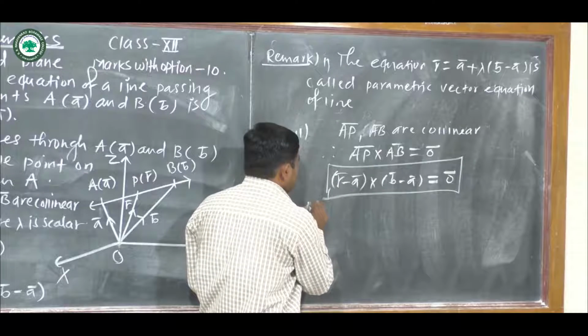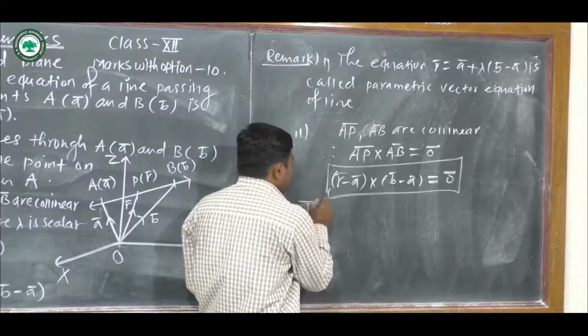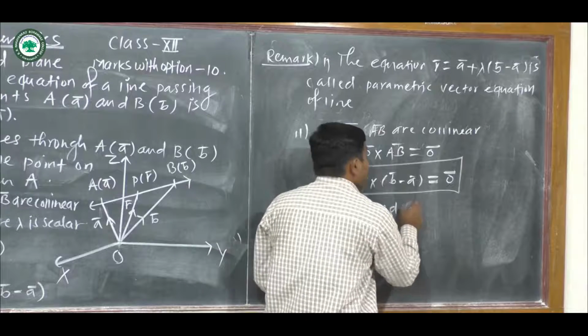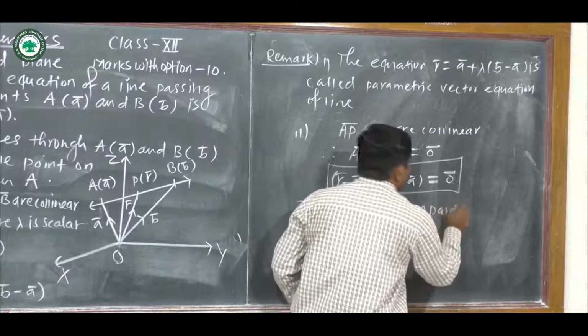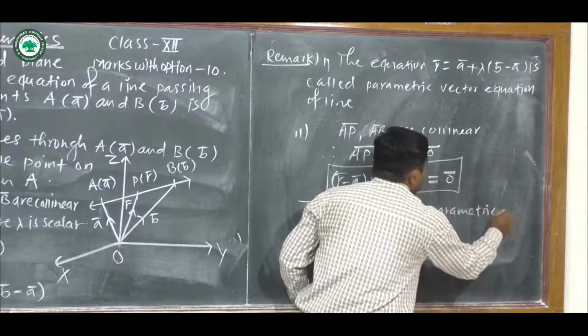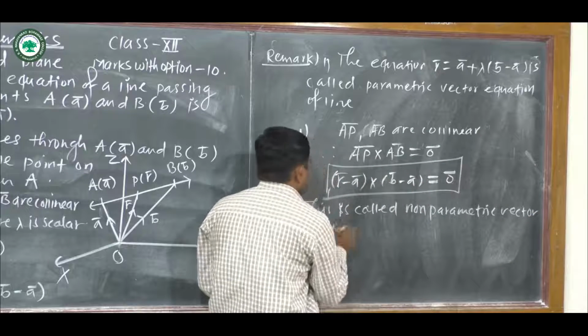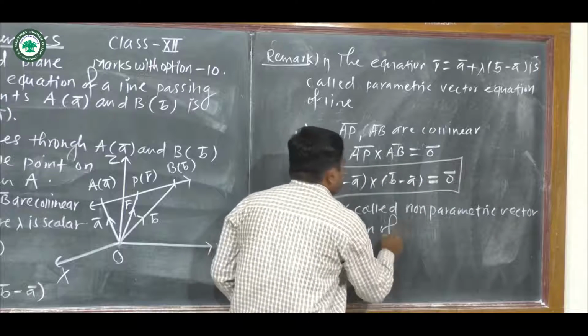This is called the non-parametric vector equation of a line.